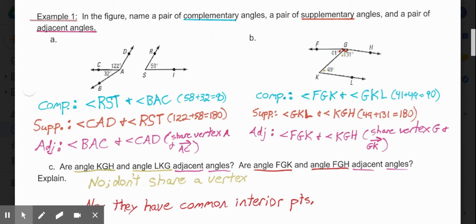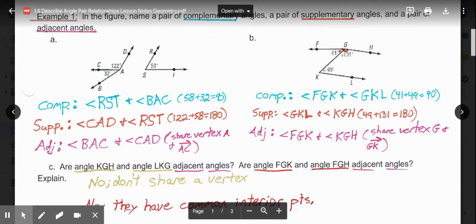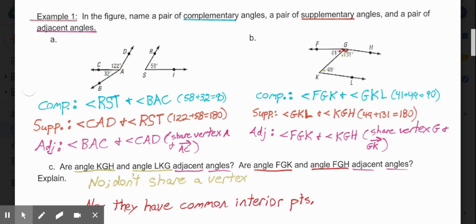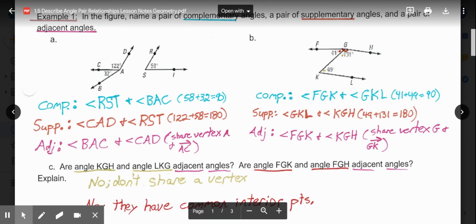So we'd have angle RST and angle BAC, so 58 and 32 equal 90. Supplementary angles add to be 180, so we'd have angles CAD and RST, so 122 plus 58 is 180, just checking the math on the side here. And then adjacent angles would be angle BAC here and CAD here. They share the vertex A and the side, which is ray AC.